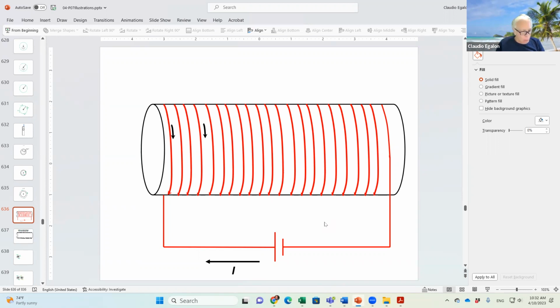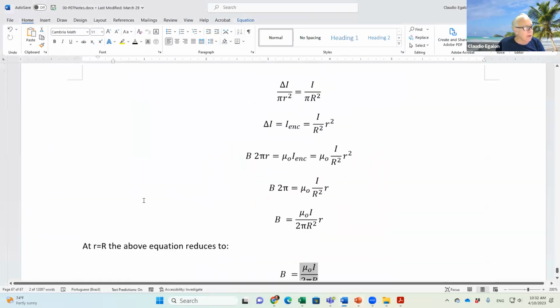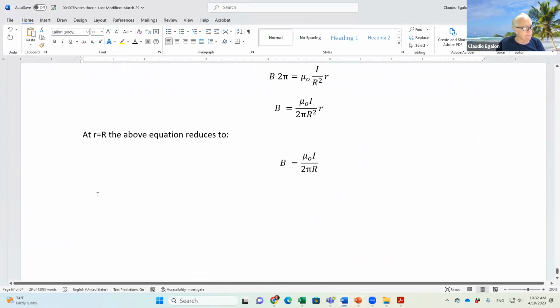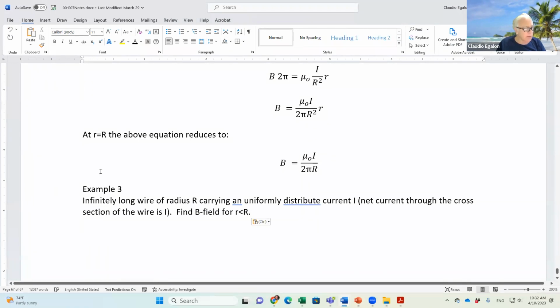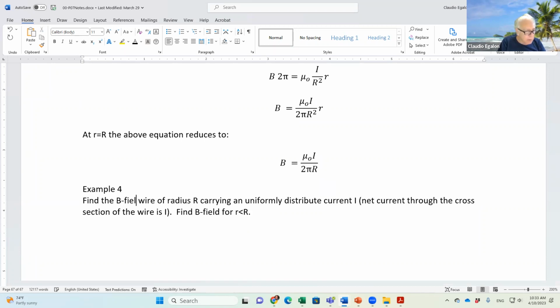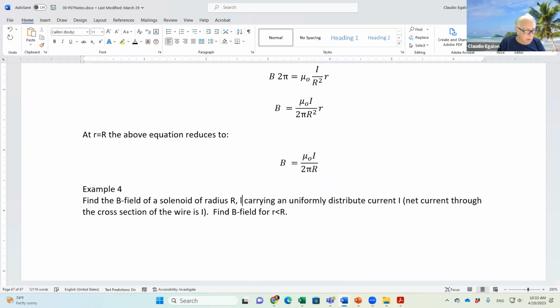Okay. So the question that we make here, let's look at example number 4 now. Find the B field of a solenoid of radius r, length L, and N turns.